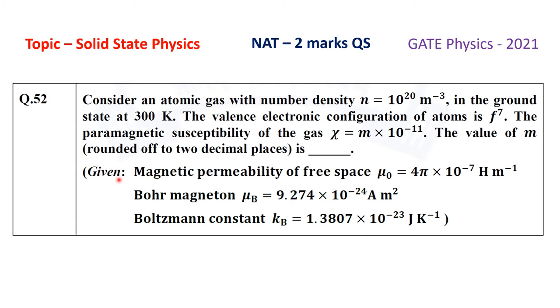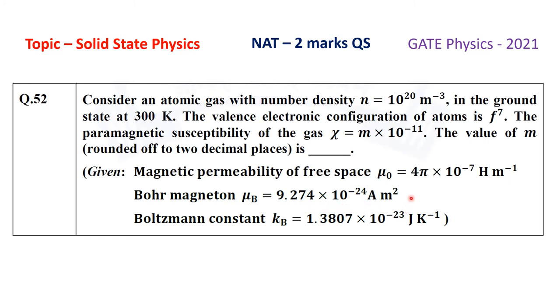There is some important information given which is required to solve this problem. The magnetic permeability of free space mu naught equals 4 pi times 10 to the power minus 7 Henry per meter. The Bohr magneton mu B value is 9.274 times 10 to the power minus 24 ampere meter square.